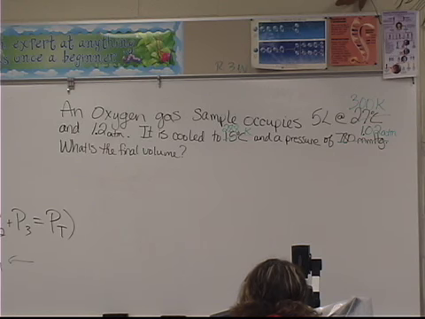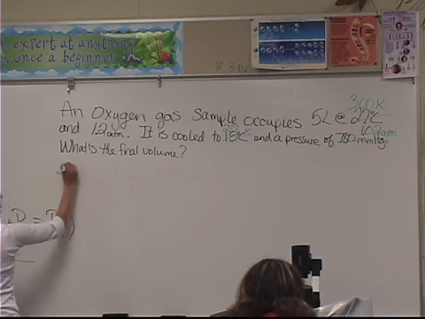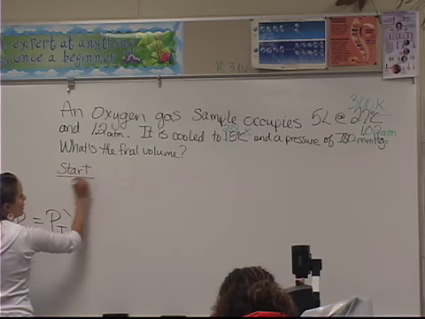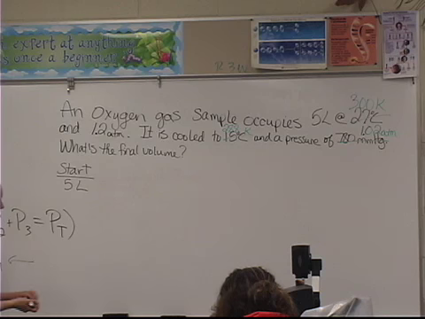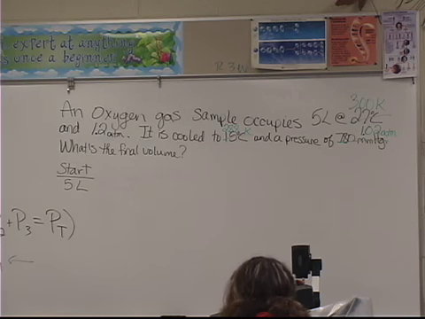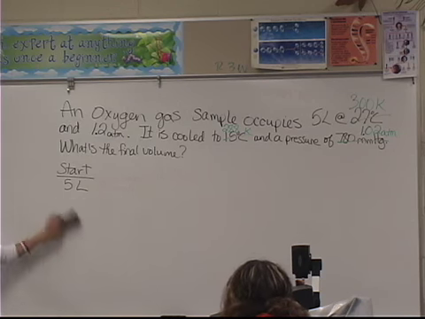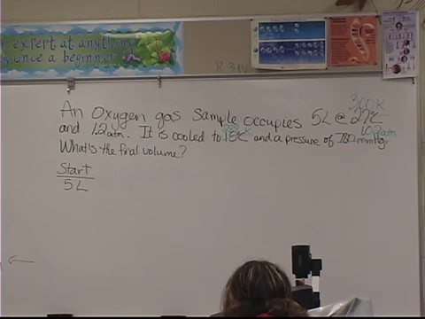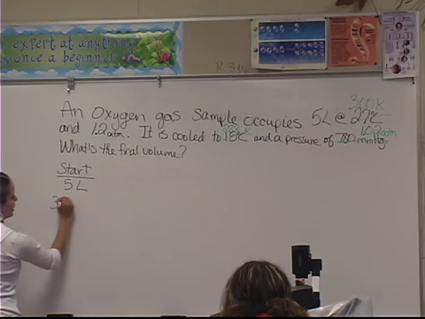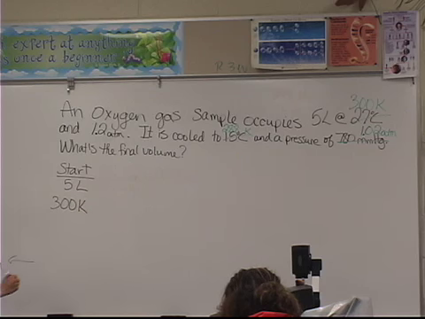Okay. So let's do the start and end. We're starting with 5 liters. I'm erasing this. I wrote ginormous anyway. So we have 5 liters and 300 Kelvin and 1.2 ATM.